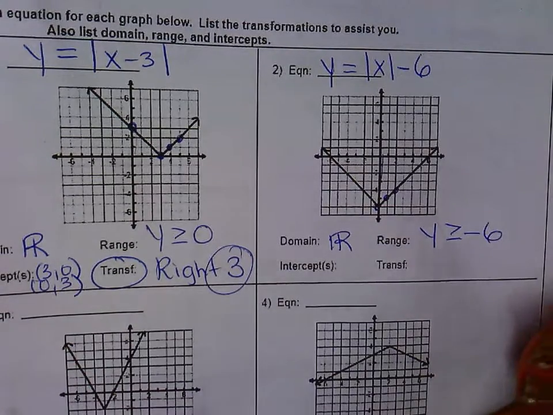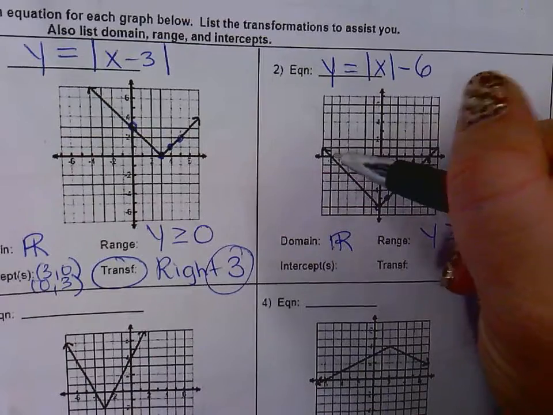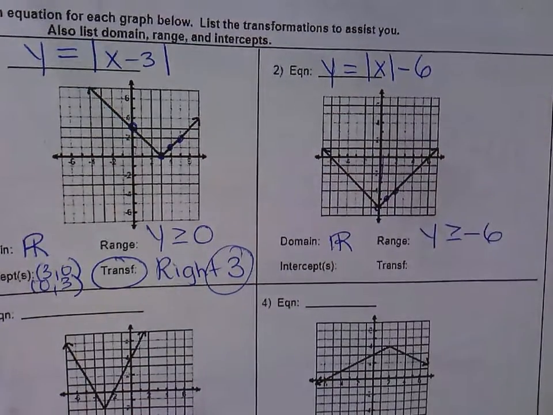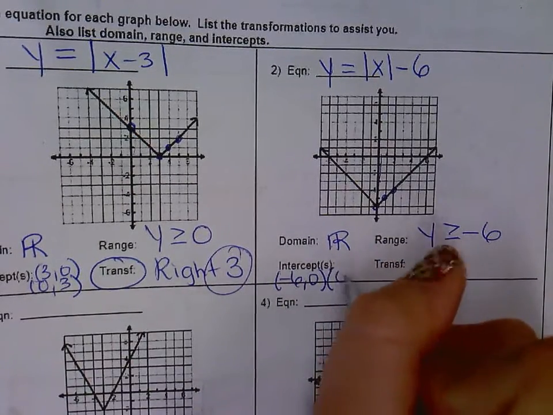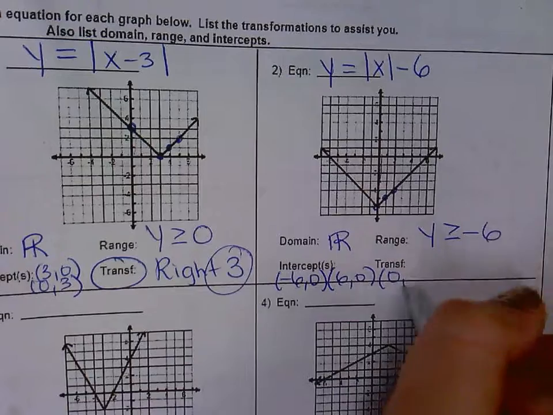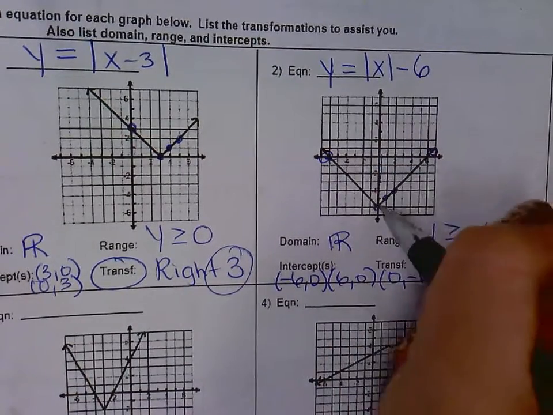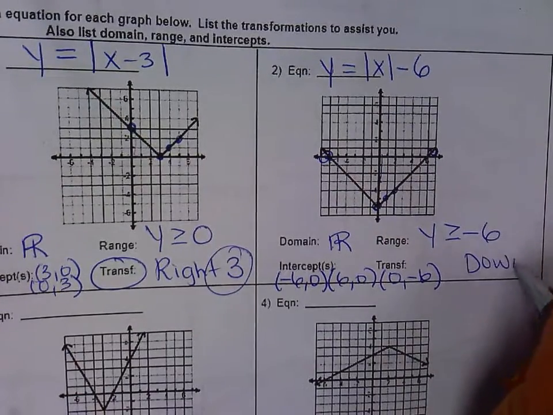Let's see, it looks like I can see 3 intercepts. I've got one at negative 6, one at positive 6, and then one at negative 6 on the y-axis. So negative 6, 0, positive 6, 0, and 0, negative 6 are my 1, 2, 3 intercepts. Down 6 would be how I describe my transformation.